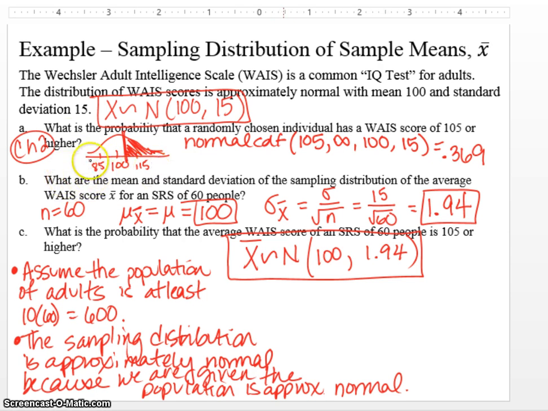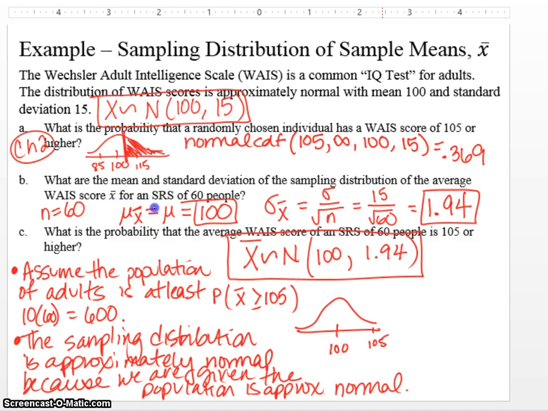So how do we calculate that an SRS of 60 people is 105 or higher? Okay, so we want our X bar to be greater than or equal to, doesn't matter how you put it, we need the probability that that is bigger than 105. So, same concept as before. We have a mean of 100. Our standard deviation is much, much smaller.